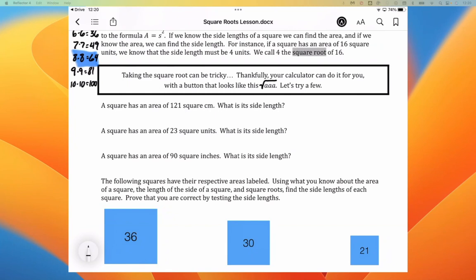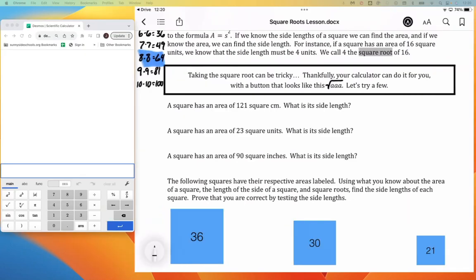And so as an example, I'm going to pull a calculator up on screen here. A square has an area of 121 centimeters. What is its side length? The area is going to be the side multiplied by itself, which means that we're looking for a square root. So I can press this square root button on a calculator and put 121 in there.